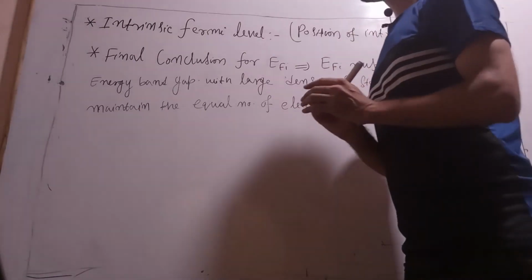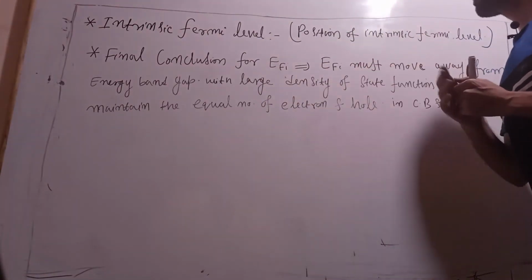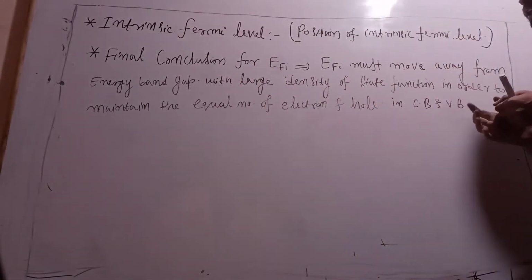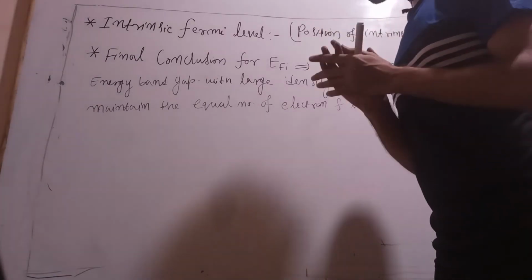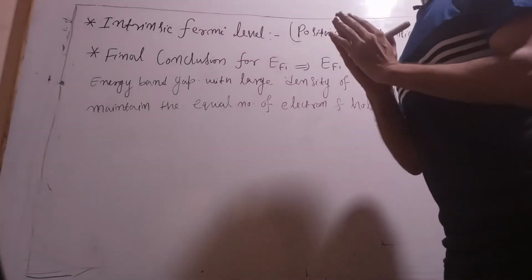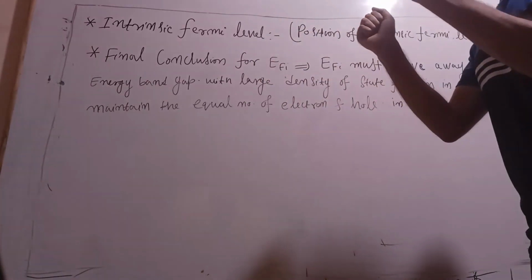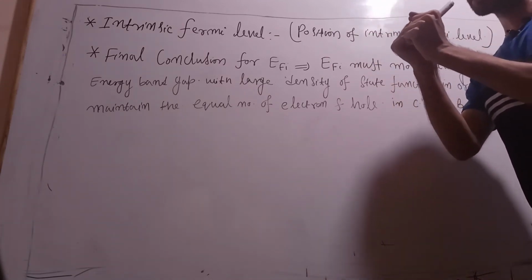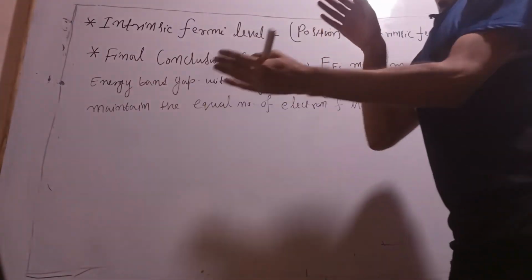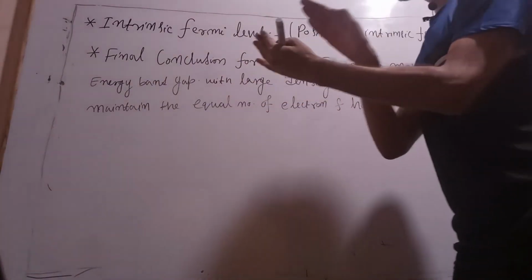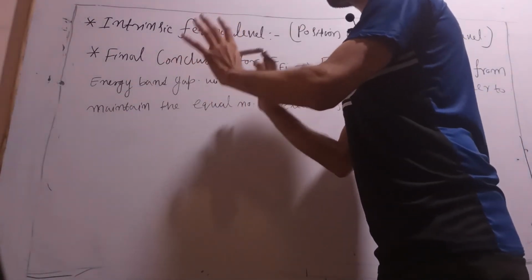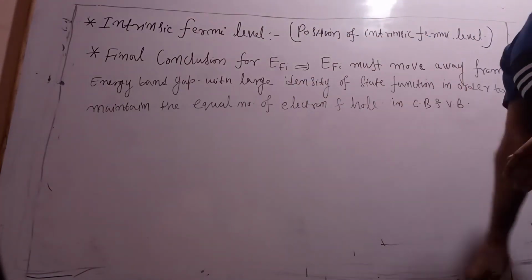So this is all about the position of the intrinsic Fermi level, how it varies with respect to the effective mass of electron and hole, and the final conclusion: the intrinsic Fermi energy level must always move away from the energy band gap in order to maintain equal electron and hole concentration within the intrinsic semiconductor material. So that's all for today.